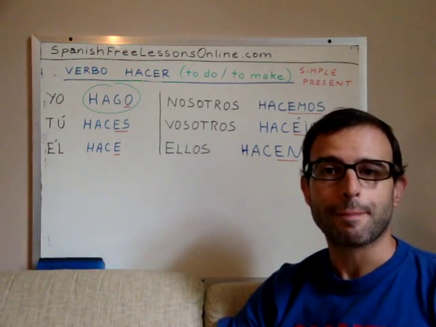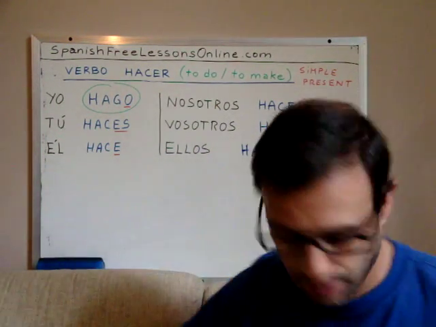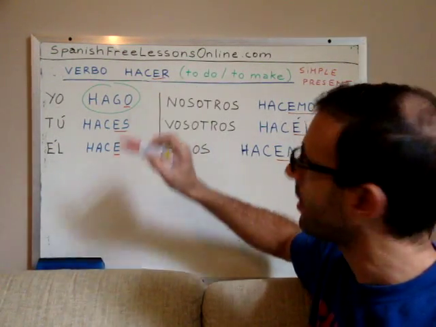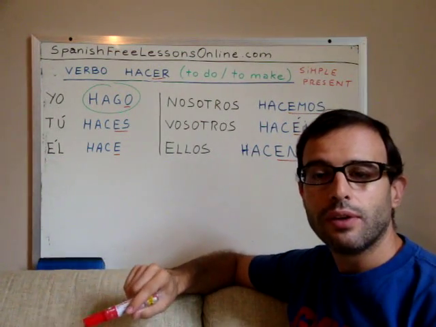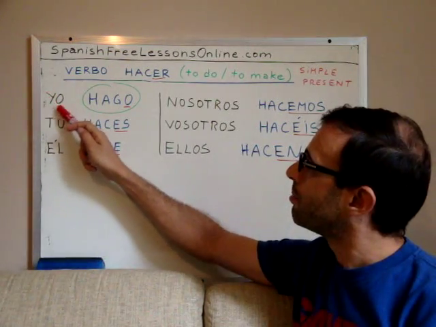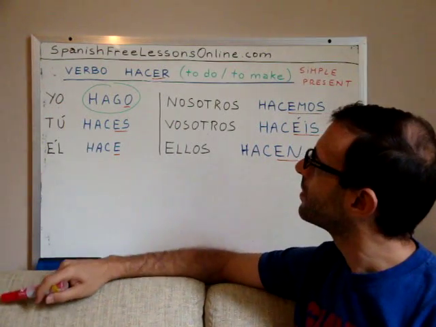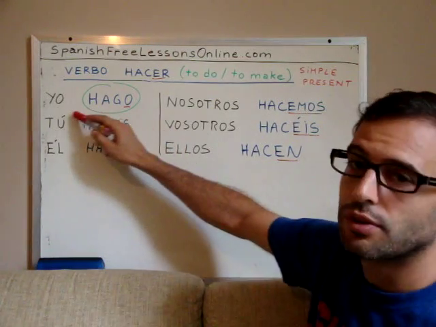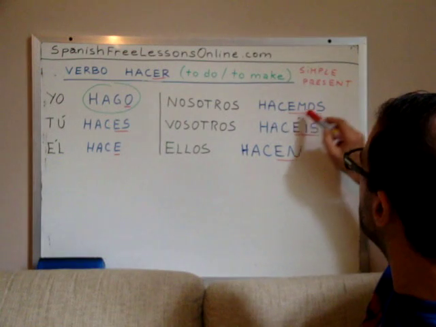The verb hacer belongs to the group of verbs that end in ER. And it is irregular, but just because of the first person, for this pronoun, for I. All the other conjugations for the other pronouns are regular, as you can see here.